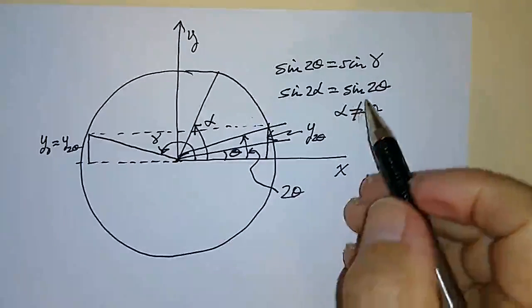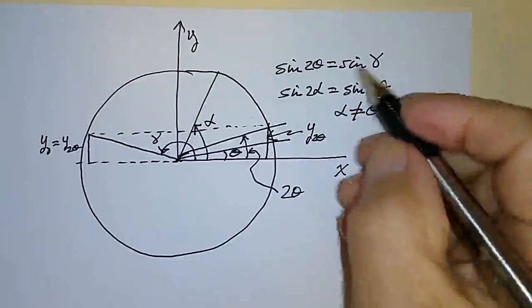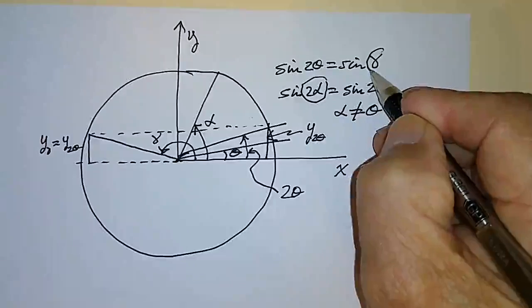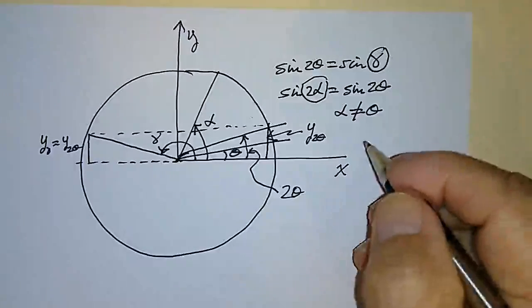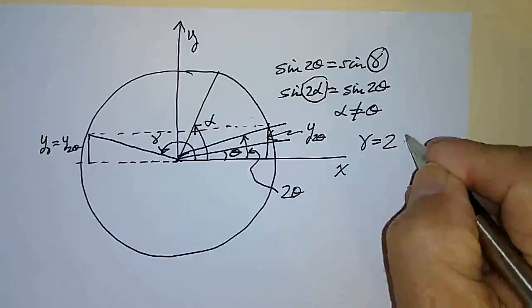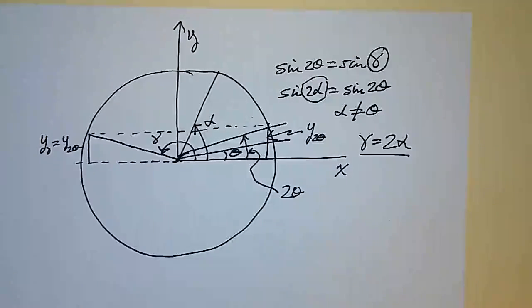So anyway, from this equivalence, I have that 2 alpha is equal to gamma. In other words, I can write that gamma is equal to 2 times alpha. I'm going to use that in just a bit.